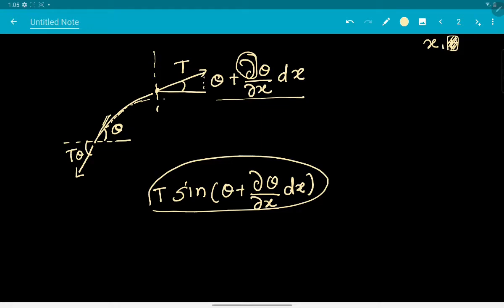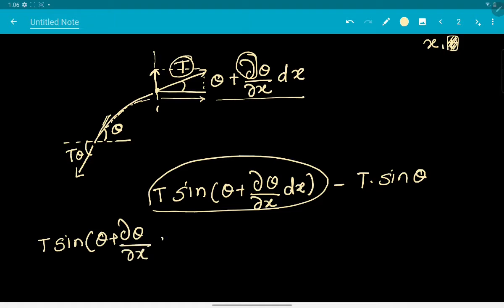The cos component will tell you how much force is along the string, and the sine component will tell you how much force is acting along the y direction because of this T, which is equal to T sine of theta plus del theta by del x into dx. This minus T times sine of theta is the total force acting on it in the y direction. And we can write down our force equilibrium, considering the acceleration term as well, which comes out to be like this.